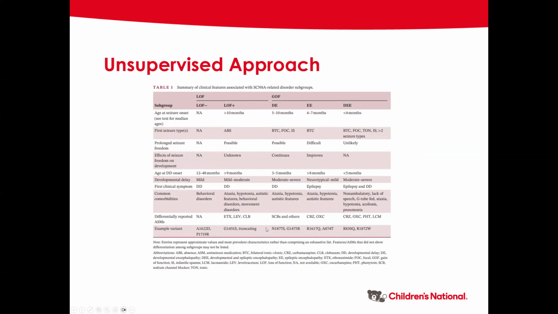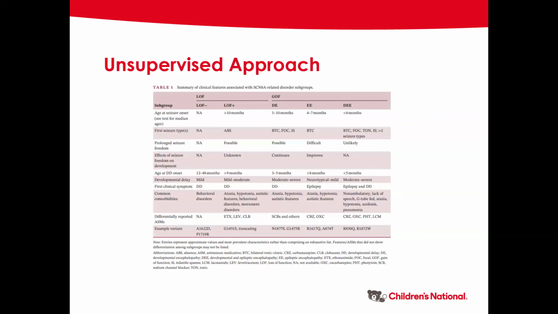And interestingly, if you look at the effects of seizure treatment on development, you can actually see more improvement in development if you can get better seizure control in the epileptic encephalopathy group, whereas it did not seem to make as much of an impact in this developmental encephalopathy group. So this might be a topic for a future journal club.